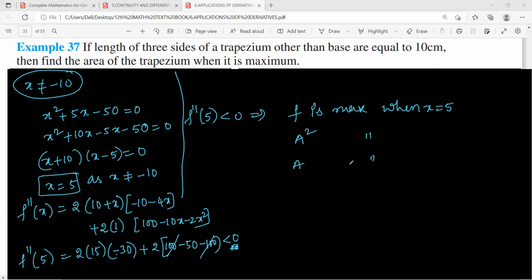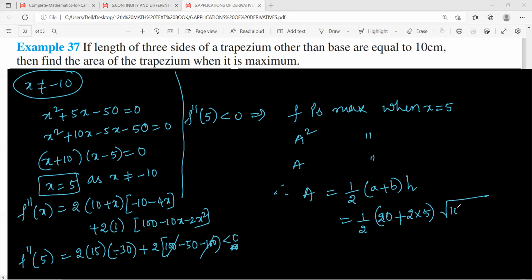So we have to find the area of the trapezium when it is maximum. Therefore, area is half (A plus B) x. Now find the area: A plus B is 10 plus 10 plus 2x, that's 20 plus 2x. What is x?